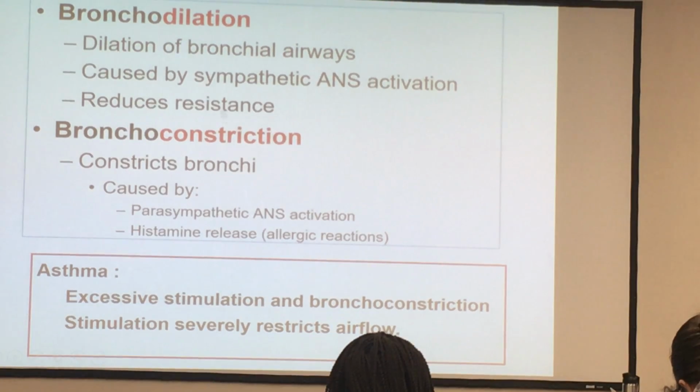In the blood, vasodilation and vasoconstriction, and this one you just need to know. Dilation, that means getting more air, is controlled by the sympathetic pathway. And constriction means less, and is controlled by the parasympathetic.